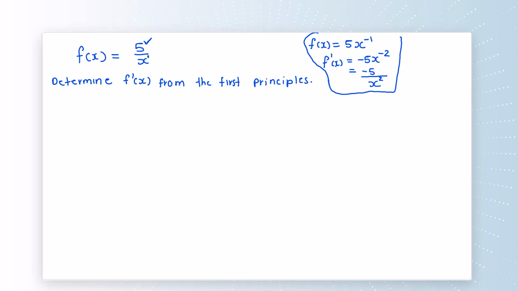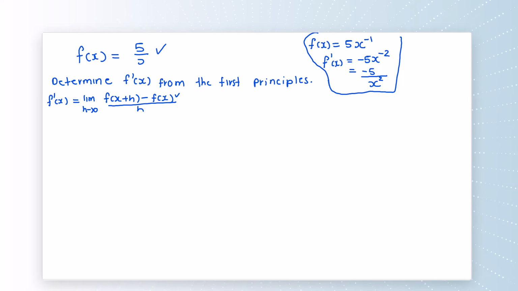Now let's use the first principles to get that answer. First thing first, write the formula: f prime x equals the limit as h tends to 0 of f of x plus h minus f of x, over h. Beautiful. We already have f of x, that's good. Now let's go on and work out f of x plus h.